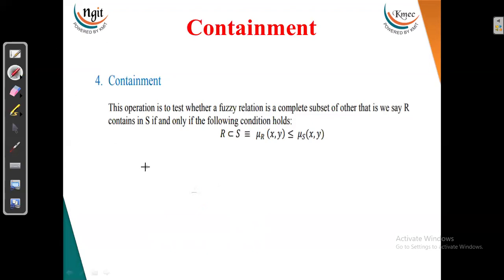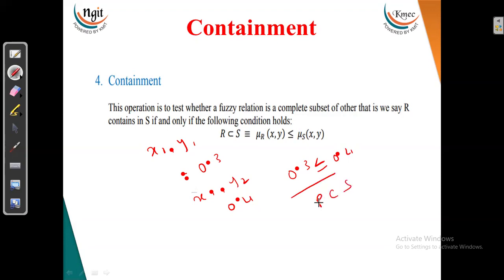Suppose the relation R between x1, y1 is 0.3, and in S it was 0.4. Here 0.3 is less than or equal to 0.4, so you can say that R is contained in S. Suppose in the same example the value was 0.4 and it is less than 0.2, I'll say that R is not contained in S.